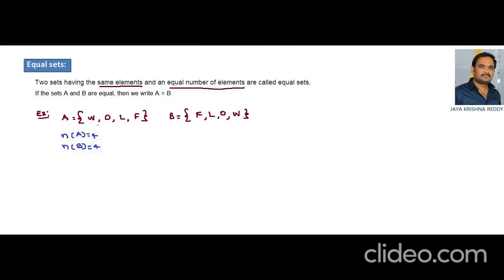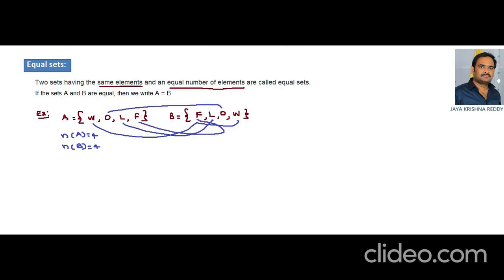Here, if you observe, the elements of A and elements of B are equal. Suppose say W lies in both the sets and O is also in both the sets, L is also in both the sets and F is also in both the sets.